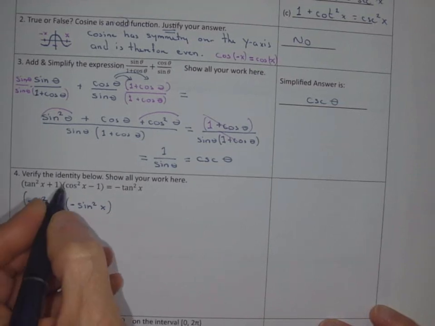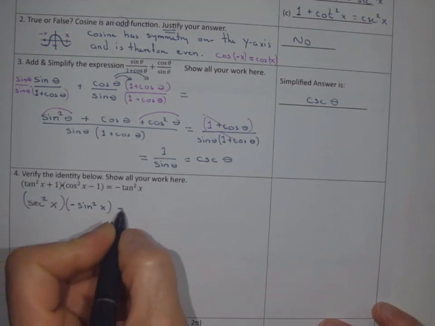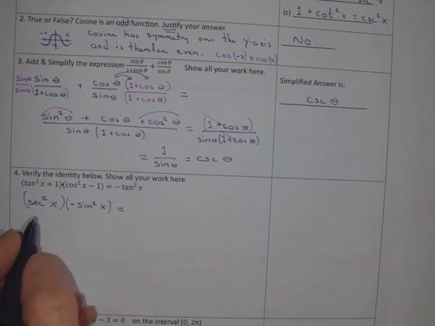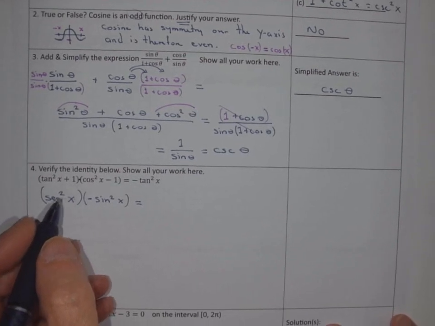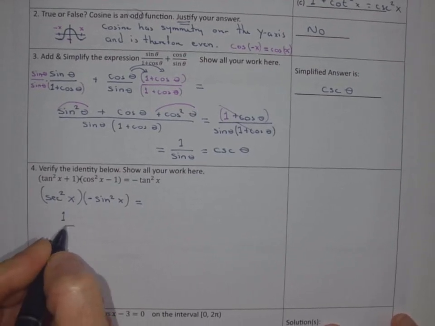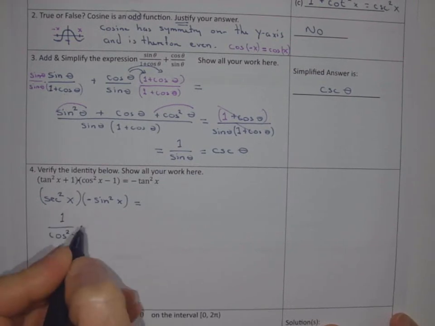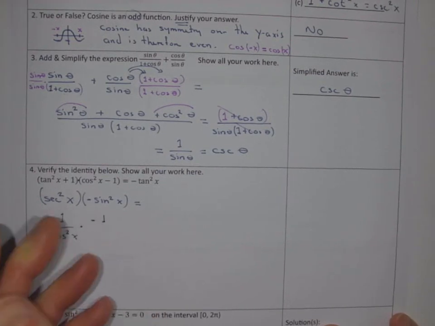Now, those are multiplied, right, because there is a multiplication here, and I'm not touching that side. I want to see that eventually it's going to equal that. Well, what is a sine squared equal to? It is 1 over a cosine squared, right? And then this here is negative, oops, what am I doing?